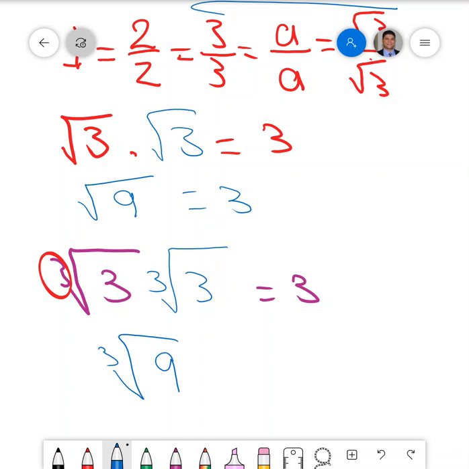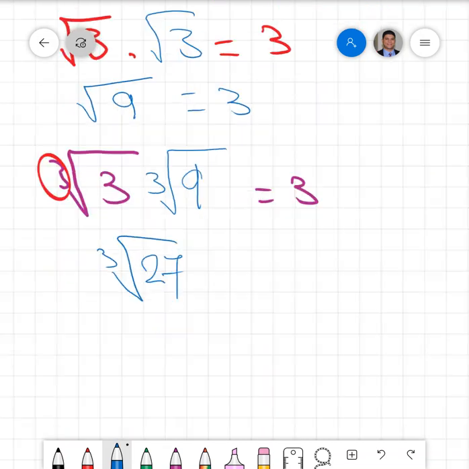So I have to make it the cube root of 27. And how can I make it the cube root of 27? Multiply by the cube root of 9. Okay, now let's start.